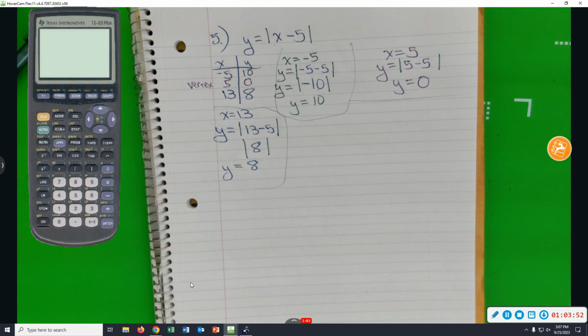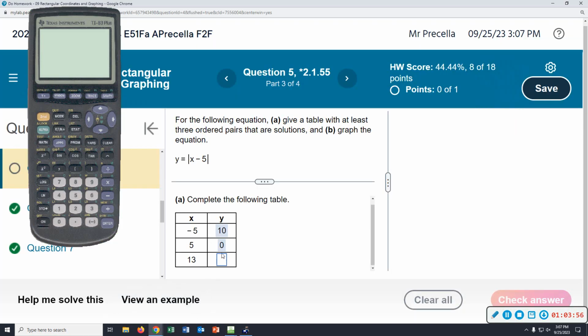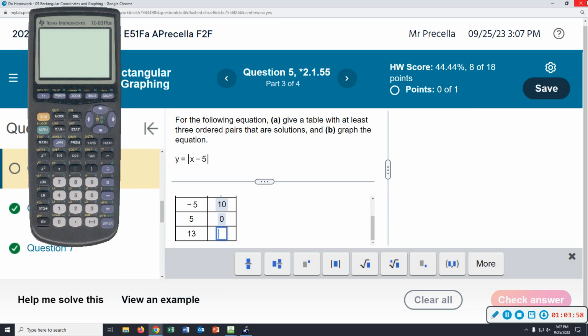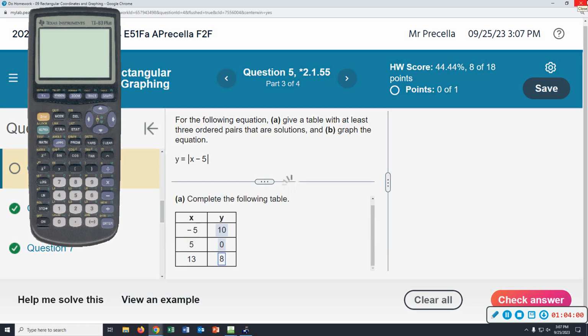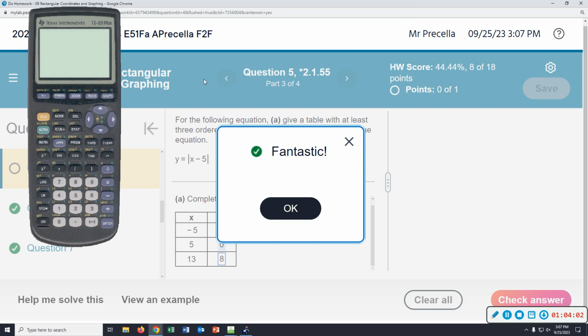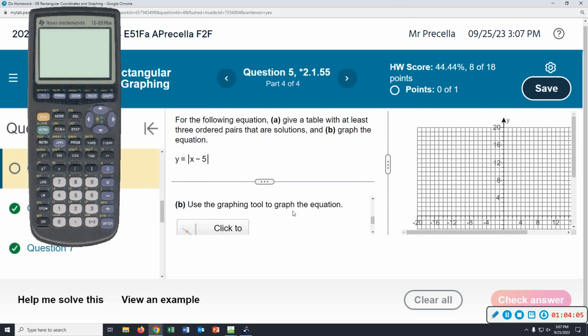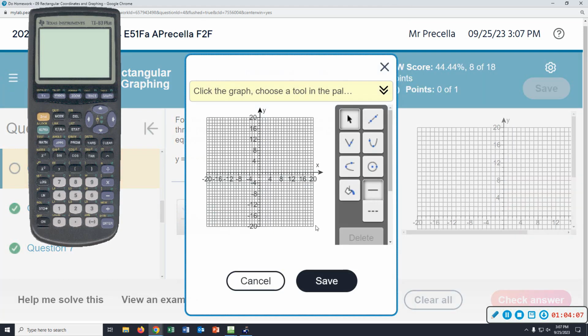Coming over here, I have to type in my 8. And now, click. Look at that. I'll definitely be looking up here to see the ordered pairs.